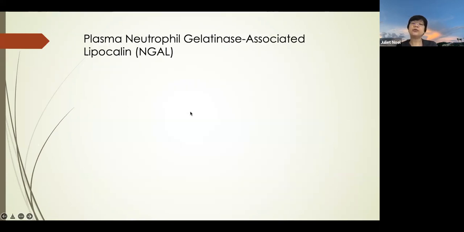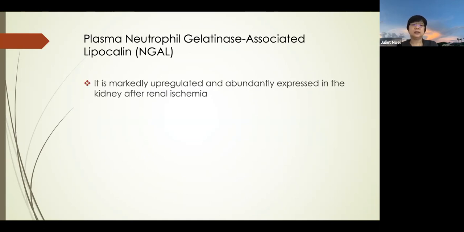The other biomarkers of AKI, one is the neutrophil gelatinase associated lipocalin, the NGAL. This is markedly upregulated and abundantly expressed in kidney after renal ischemia.